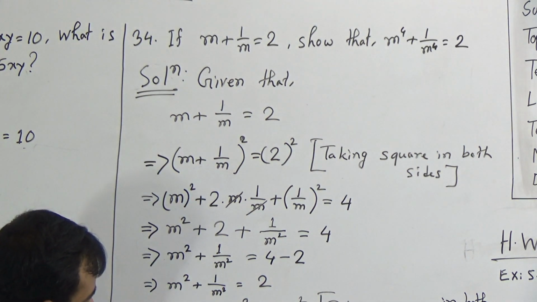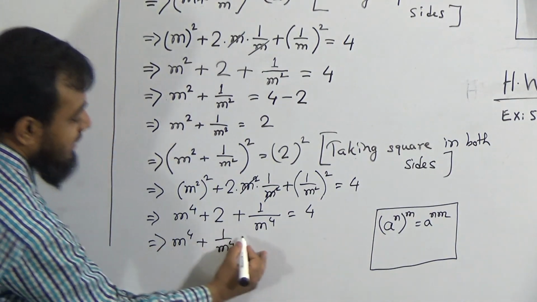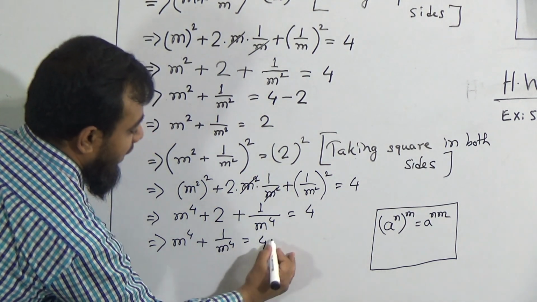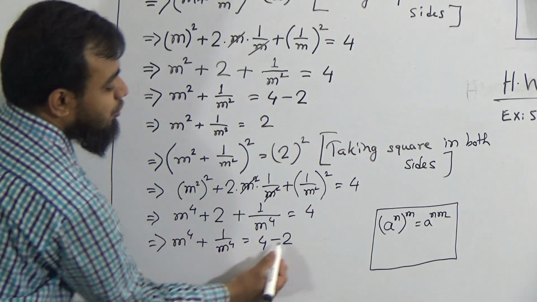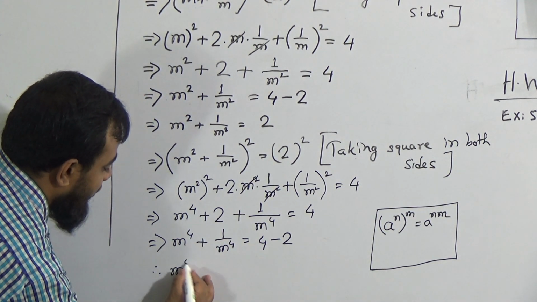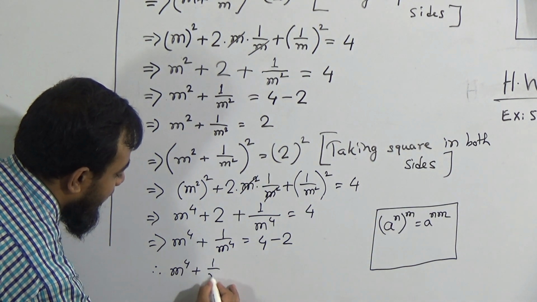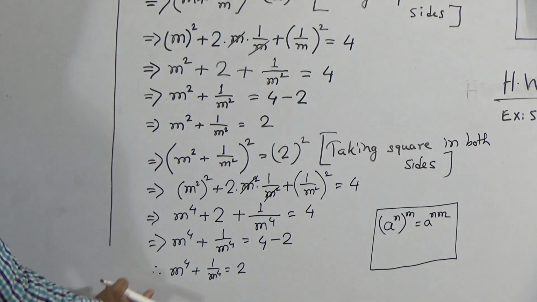Now, my dear students, if we transfer this, m to the power 4 plus 1 by m to the power 4 remains on the left side, and that's equal to 4 minus this 2, because when we transfer this plus 2 to the right side, the 2 will take a minus sign. Now therefore we can write m to the power 4 plus 1 by m to the power 4, that's equal to 2, which is our required solution.